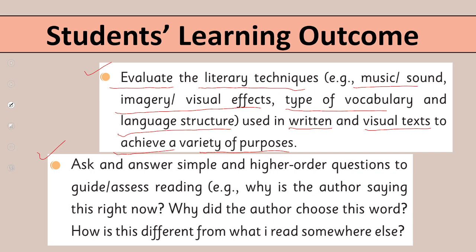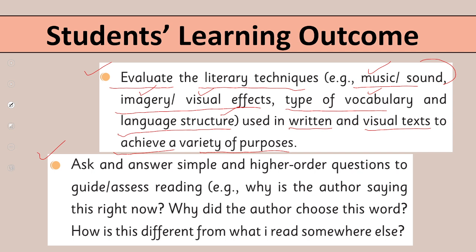Now, these literary techniques are used for both poetry and prose. For example, these will be specifically for your poetry, and imagery, visual effects can also be shown in both poetry and prose. We can also analyze the type of vocabulary and the language structure that has been used in the text.